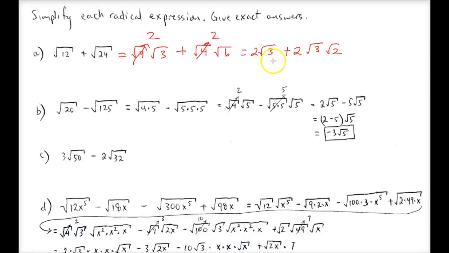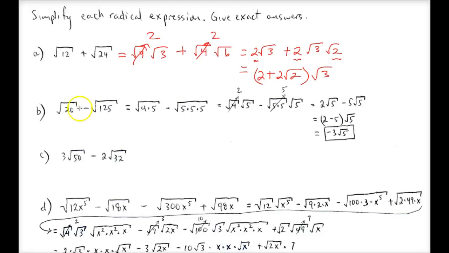So here, if we were to combine this together, we would say that this would be 2 plus 2 times square root of 2, all that times square root of 3. So it'll look like this: 2 times 2 square root of 2, all of that times square root of 3. And that would be the simplified form for example A.